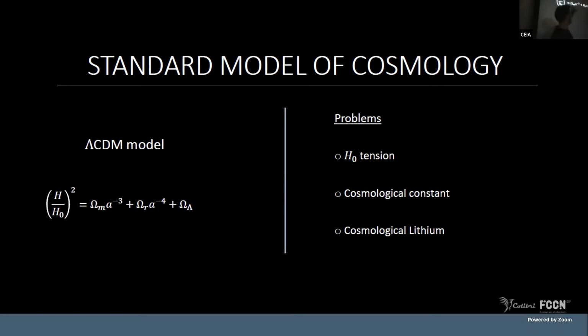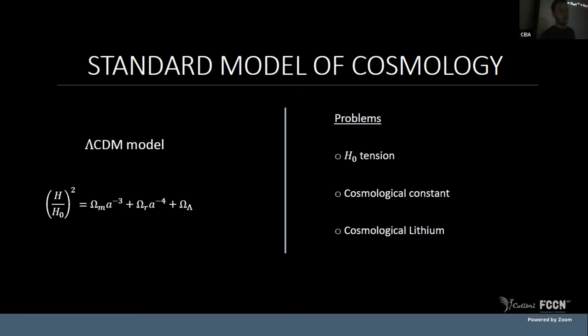So this is omega matter, omega radiation, and omega lambda. Basically, they just tell you the fraction, the amount of matter, radiation, or cosmological constant you have in your universe. And because you want to account for everything in the universe, these three quantities will add up to 1. So each is just smaller than 1. For example, we take this to be 0.3.